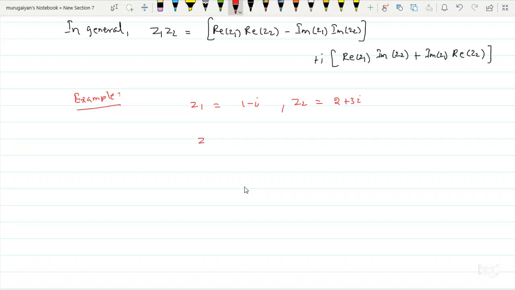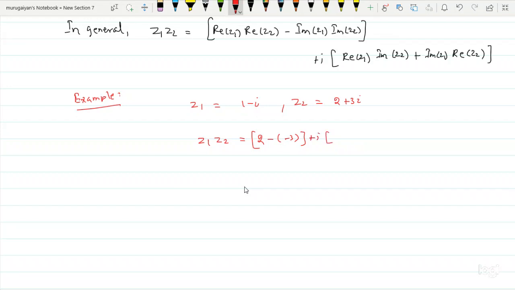Now we can write z1 z2. Just multiply the real parts, 1 into 2, 2, by formula minus, multiply the imaginary parts, minus 1 into 3, minus 3. This is the real part, plus i.